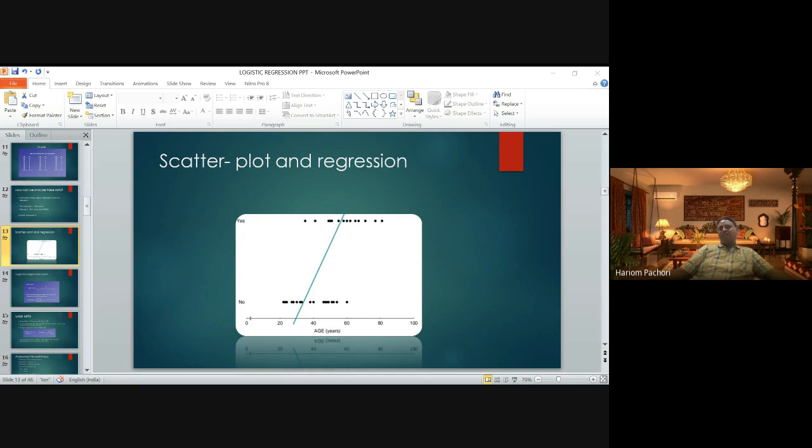In logistic regression, we can show that odds of x plus 1 divided by odds of x equals e to the power beta, where odds of x equals pi of x divided by 1 minus pi of x. Thus, e to the power beta represents the change in the odds of the outcome by increasing x by 1 unit. This is about the odds ratio.